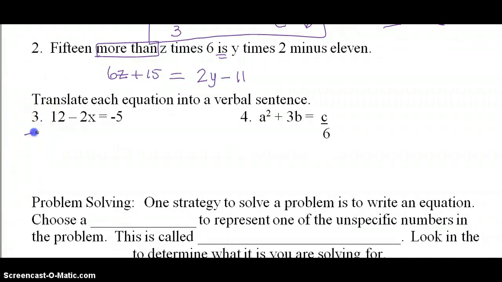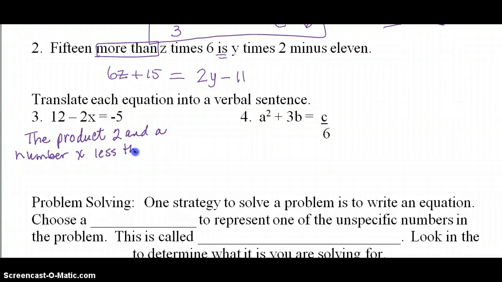So let's try to be a little more fancy, maybe is a better word, with our sentence. The product of 2 and a number x less than 12 is negative 5.